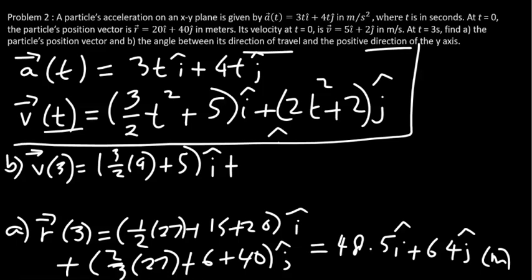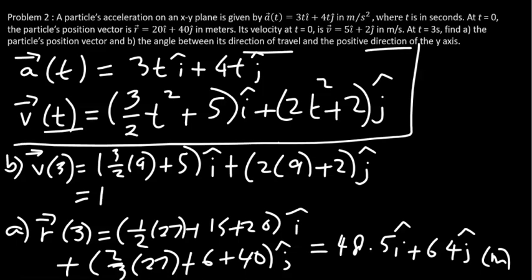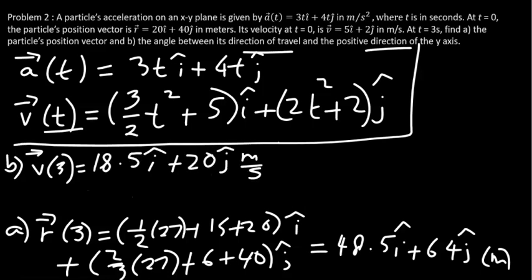And the j component is 2 times t squared, so 2 times 9 plus 2 j hat, which will give you 18.5 i hat plus 20 j hat in the unit of meter per second.